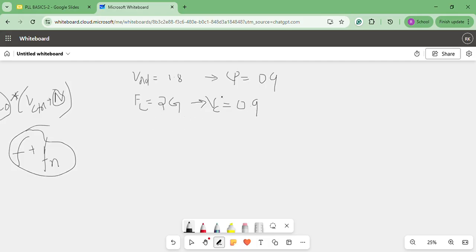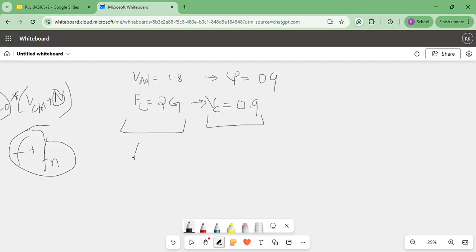So we are designing a VCO for 0.9 volt of control voltage to get an output of 2 gigahertz. As I told, we cannot target directly these voltage and frequency. We design our VCO for a range of frequency and a range of control voltage.